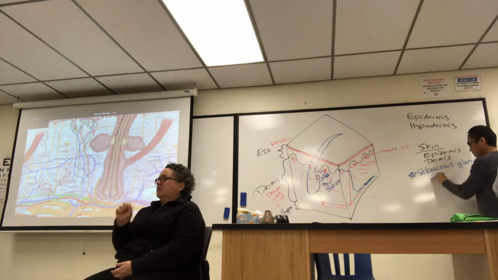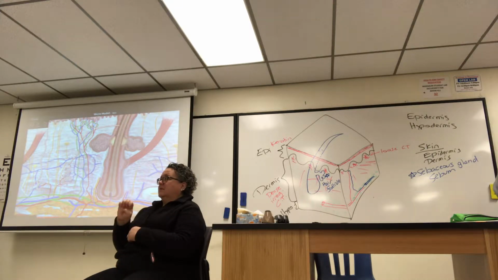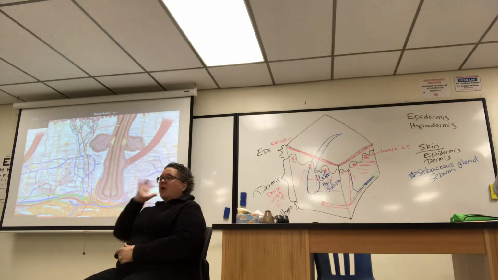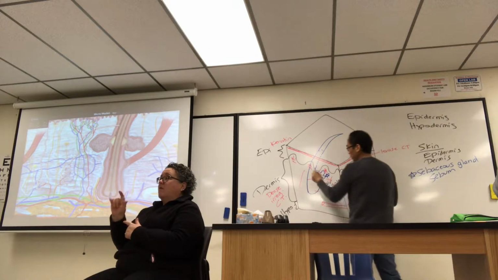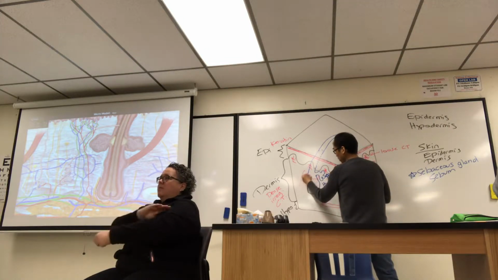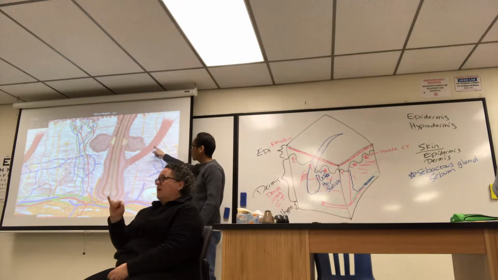Its secretion is sebum, which gives hair that nice sheen, or kind of waterproofs the hair. Also associated with the hair follicle is a smooth muscle called erector pili. I'll draw a little muscle there. You can see it on the model too. It's this big muscle right there.